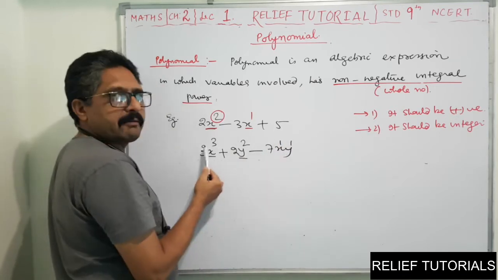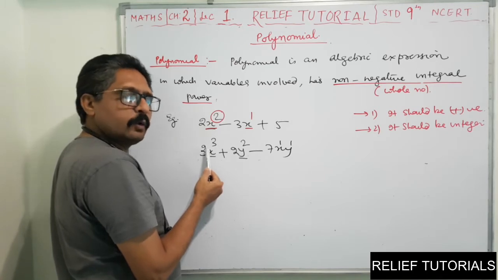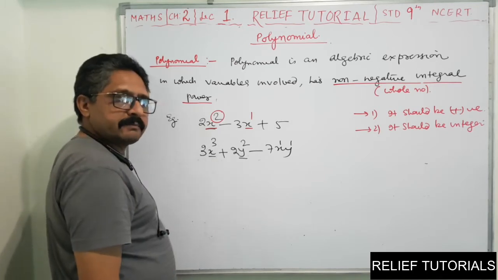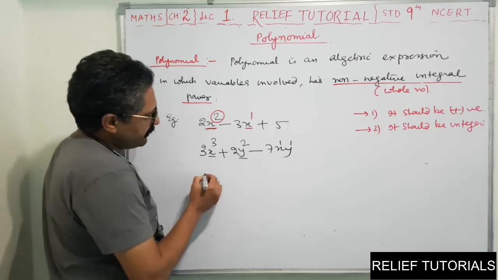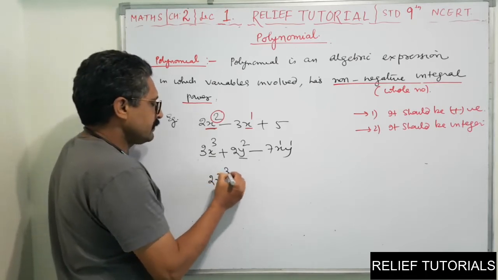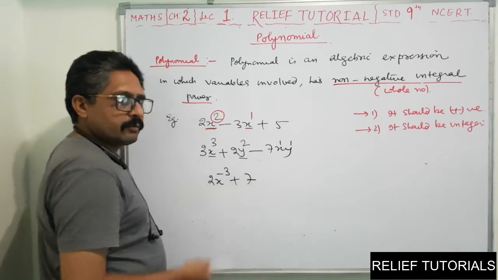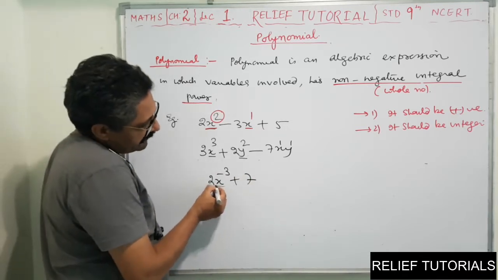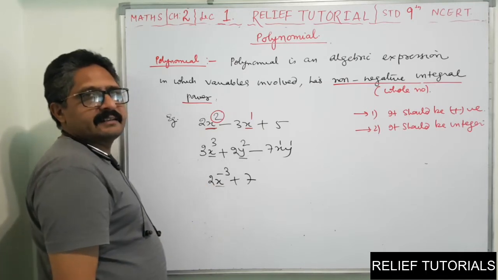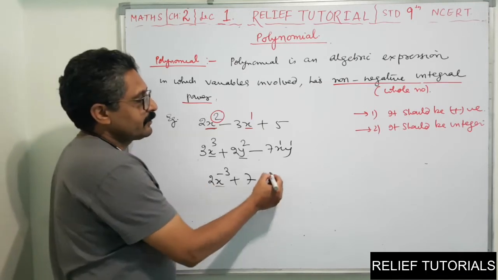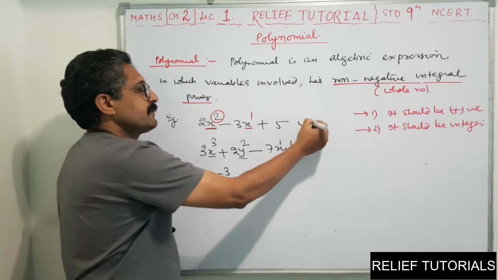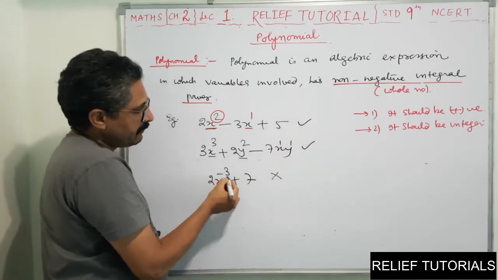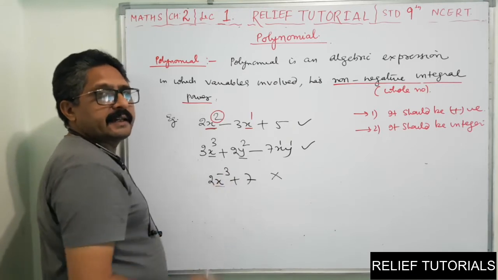All these powers of variables are whole numbers, so it is a polynomial. Now see another example. Here the power of variable x is minus 3, so it is not a polynomial, because the power of variable x is negative.